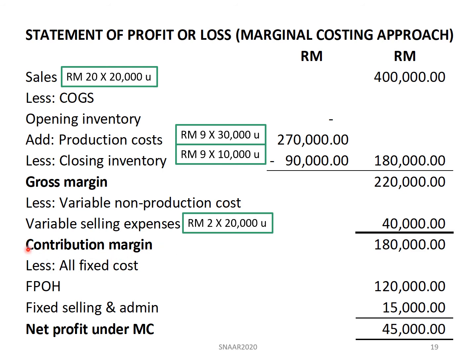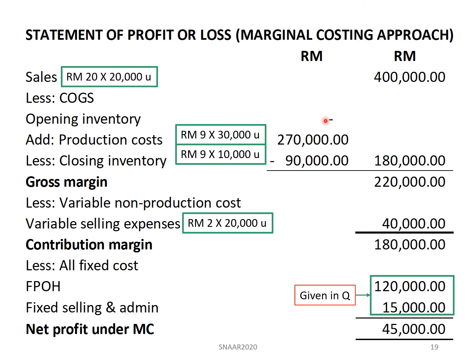And after the contribution margin, you akan tolak all fixed costs. So this FPOH dengan fixed selling and admin, dia bagi dalam soalan. So you just put it there. Okay, ambil figure tu letak je kat sini. Tolak. So dapatlah the net profit under marginal costing, which is 45,000.